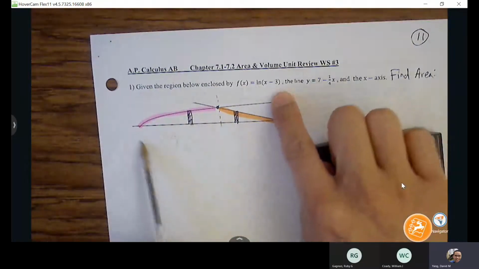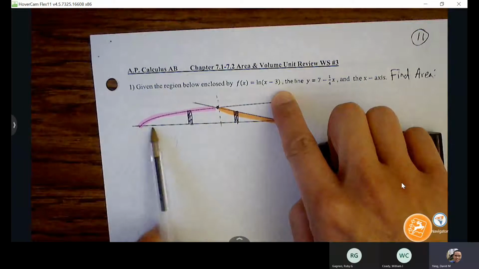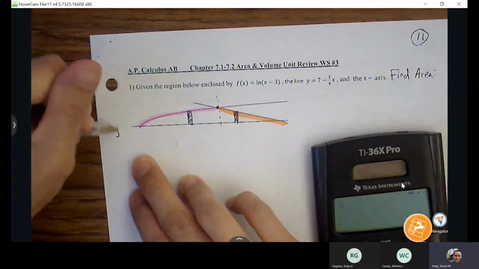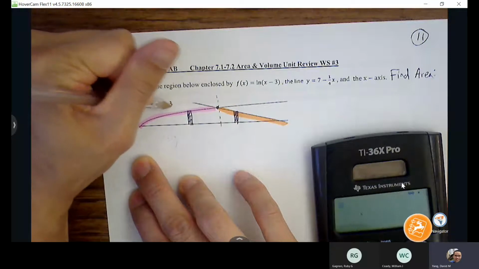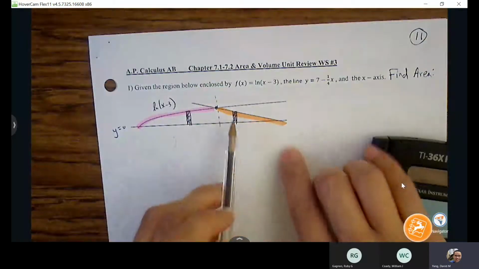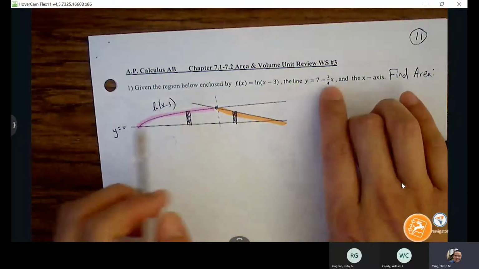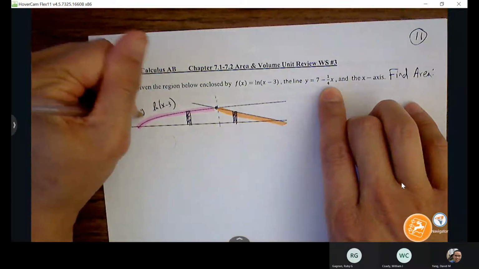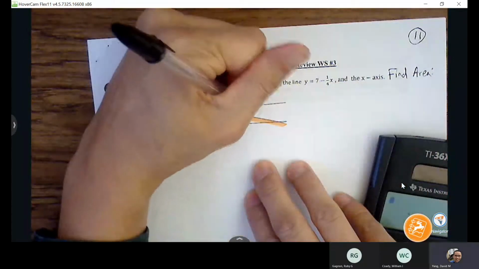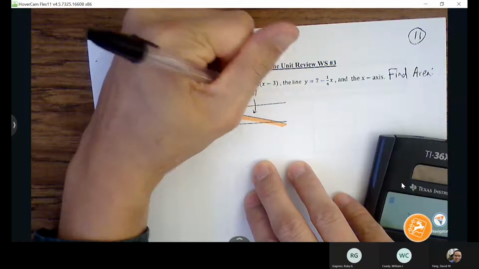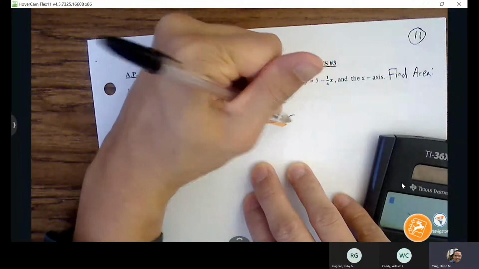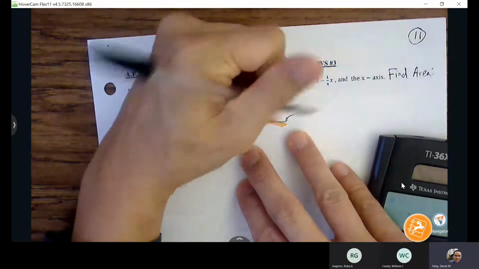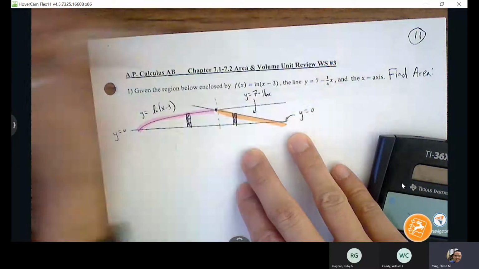Numsolve between natural log of x minus 3 and 0, and then numsolve between natural log of x minus 3 and 7 minus 1/4 x, and then numsolve between 7 minus 1/4 x and y equals 0.